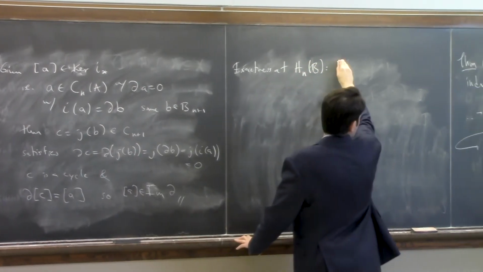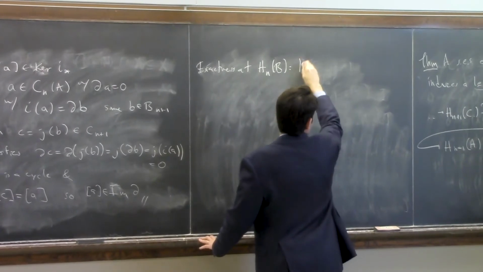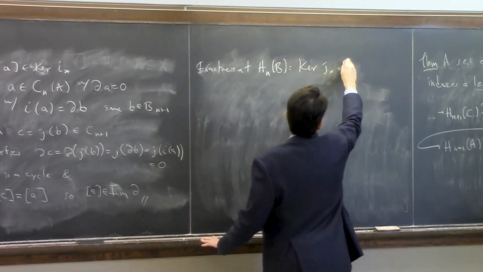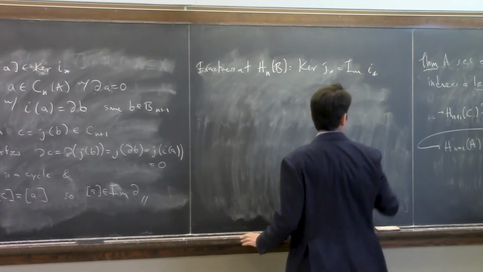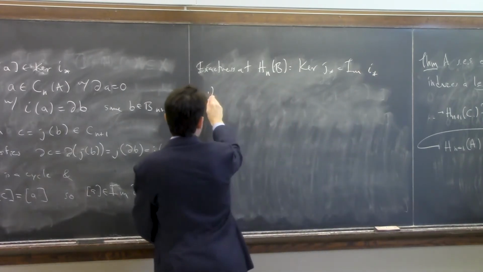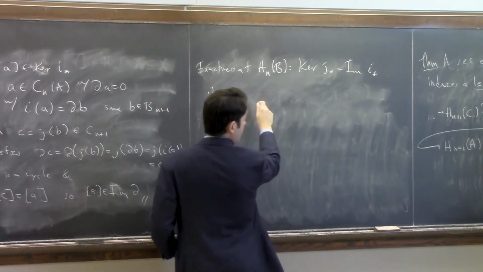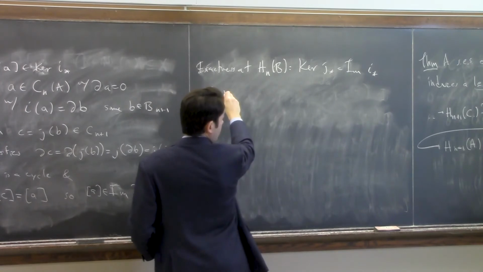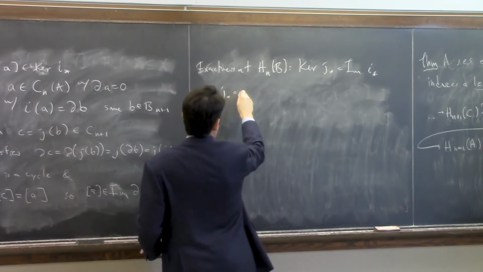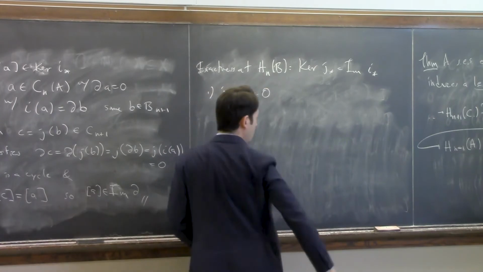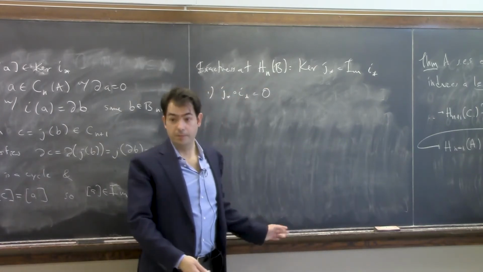Exactness at B, we need to show that the kernel of J star is equal to the image of I star. Right? Again, the simplest one is to show that the composition, so if you do J star composed with I star, you get 0, so you have a complex.